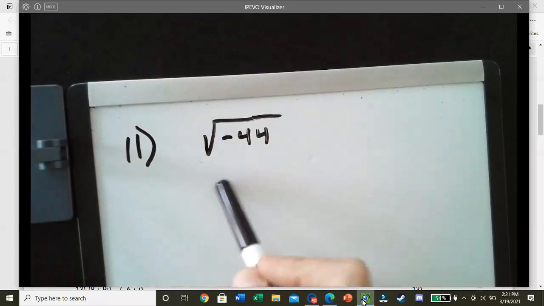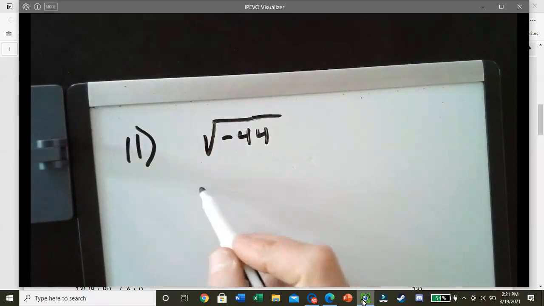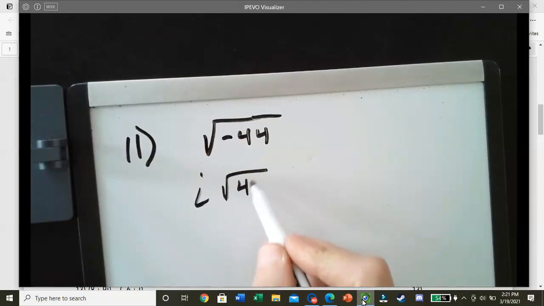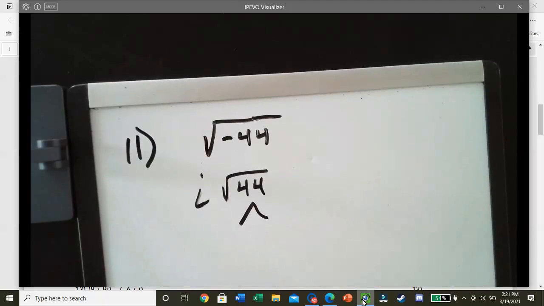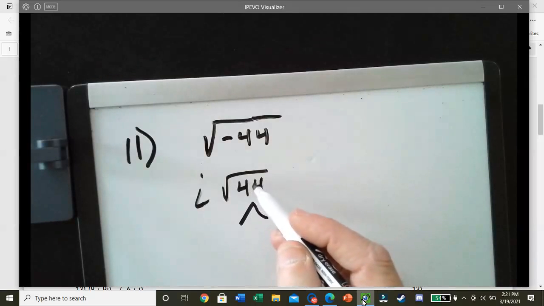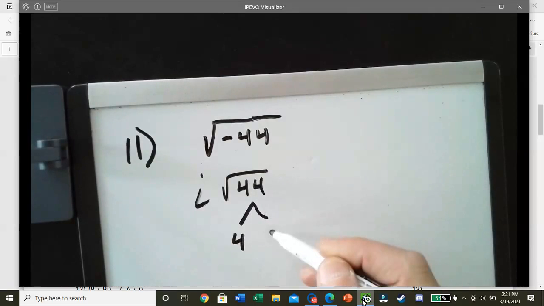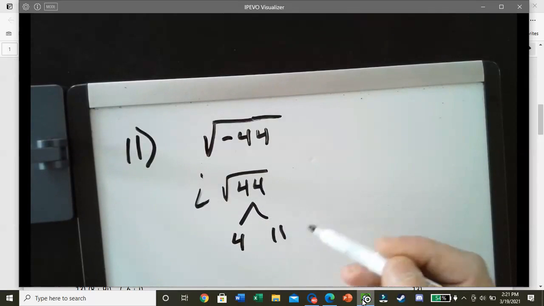So first thing we do, take that negative out, make it an i. And you do that whether you're multiplying or dividing or foiling, anything. Okay? All right, next thing, we have to simplify. Now, I always like to start, if it's even, I like to start with 4. And so, can 4 divide into 44? 4 and what gives us 44? 11, right?